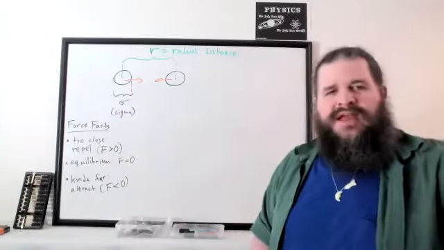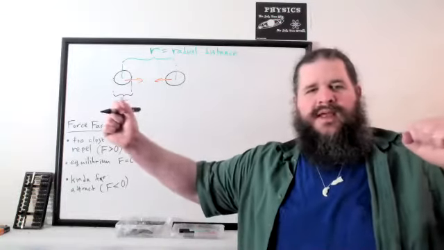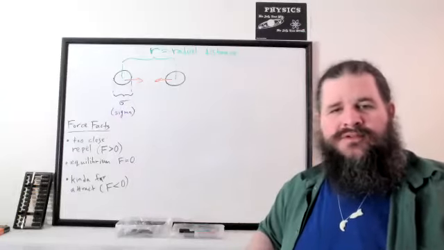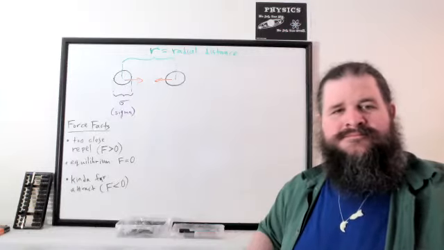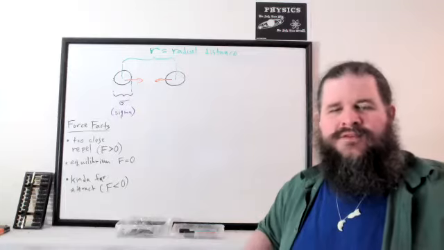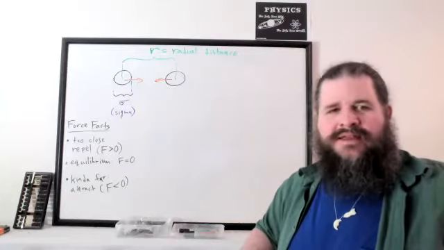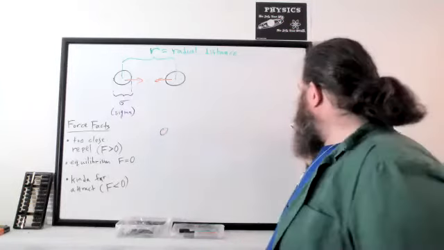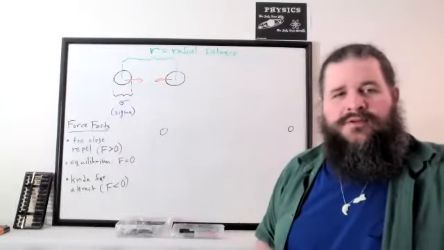Also, what would you expect to happen to this attractive force if the particles get really far apart? As the particles get further and further apart, what would you expect to happen to that attractive force? It's eventually going to be gone. Technically, it'll never be truly gone entirely. No matter how far these particles are from each other, there's always going to be some attractive force between them, but it's going to get weaker and weaker the further they get.